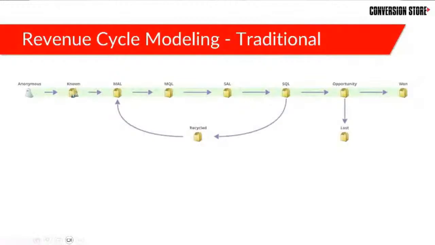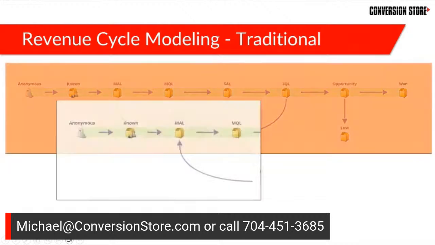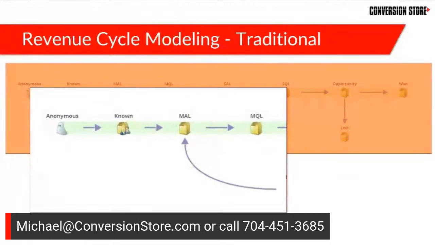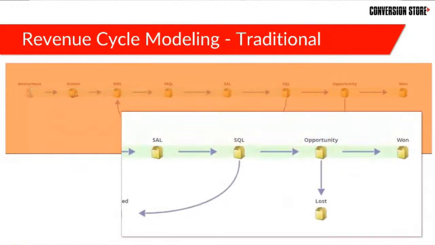This is that old school sales cycle side of things. Notice that it ends when you're close won or if you're lost. That's it. It just takes you to the point of being a customer and then it ends there. There's just a hard fast stop, right? And historically, this left-hand side was marketing. This right-hand side was the sales side of the business.